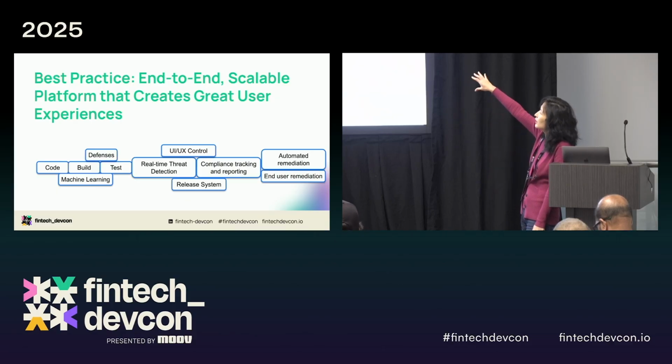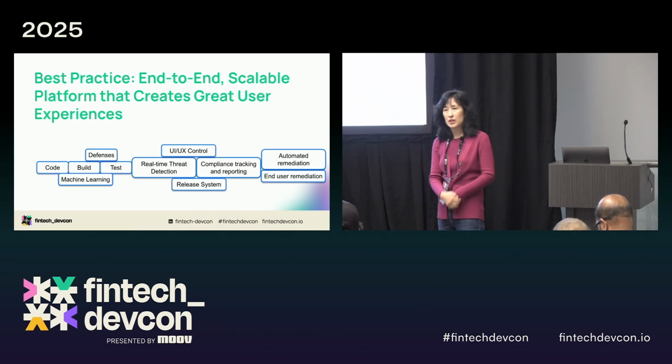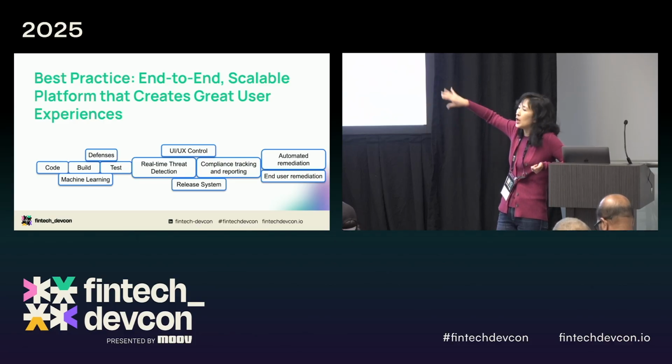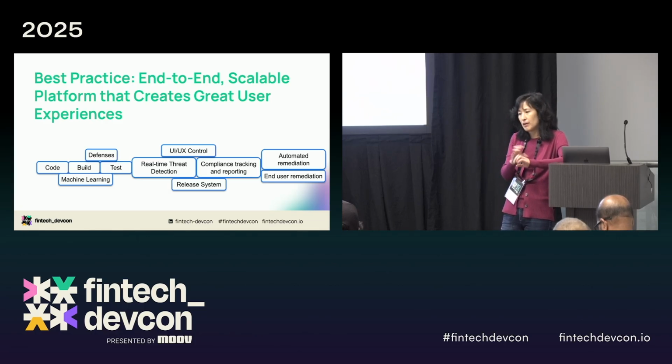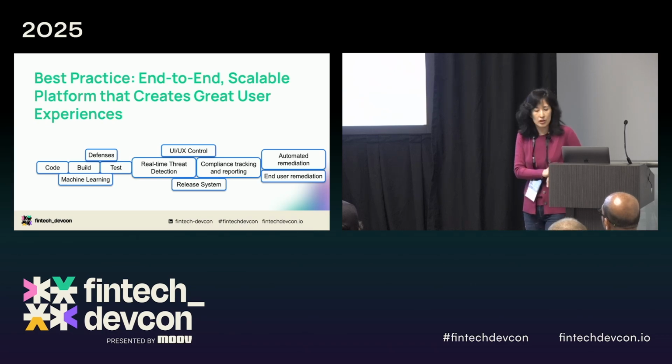And then when the app is released, have a way of continuously tracking the live attacks, because there will always be new ones. So how do you track and defend against the new attacks? And then finally, have an automated way of remediation, so being able to have a self-help portal, whatever, end user self-remediation. There are a lot of different tools being developed for that, again AI-based, that make that easier.